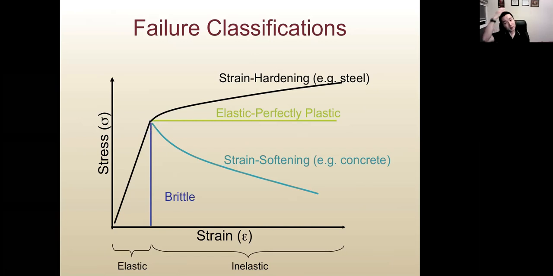Concrete belongs to so-called strain softening materials, which means after the elastic region, the concrete or other strain softening materials can still resist some kind of load, but that load is lower than the peak load at the end of the elastic region. On the other hand, for strain hardening materials such as steel, after the elastic region, the resistance will go up. So we have a higher resistance after the load here.